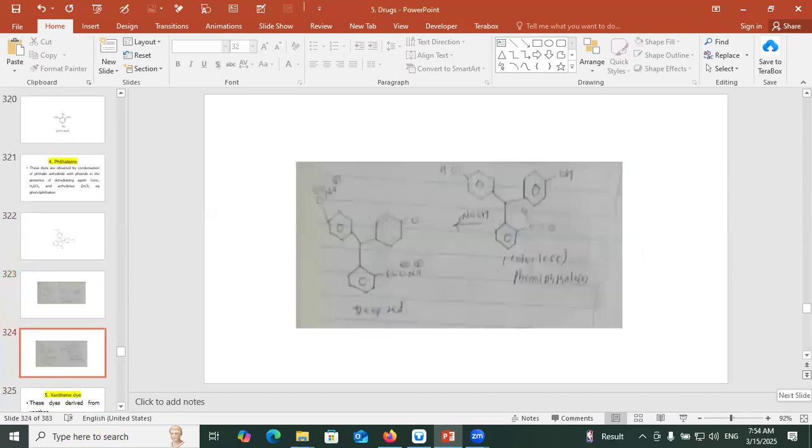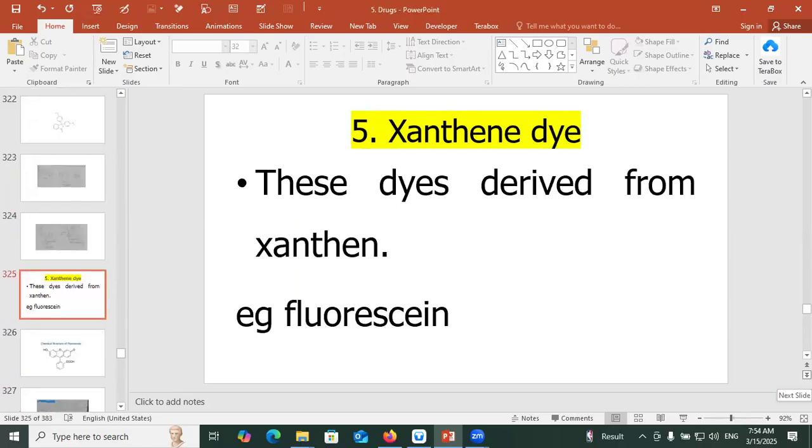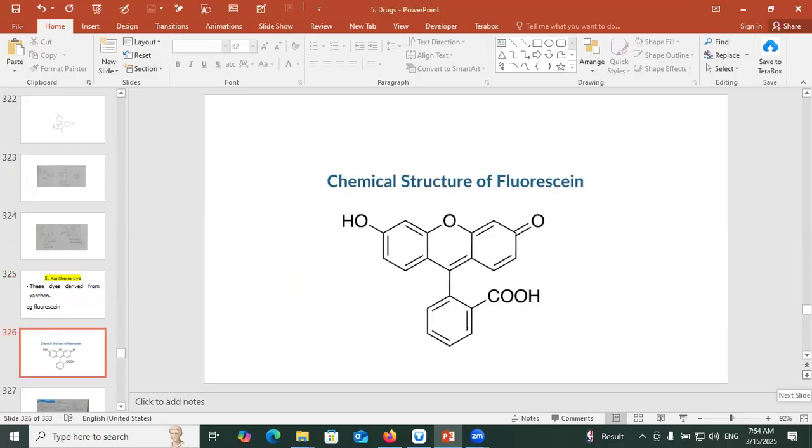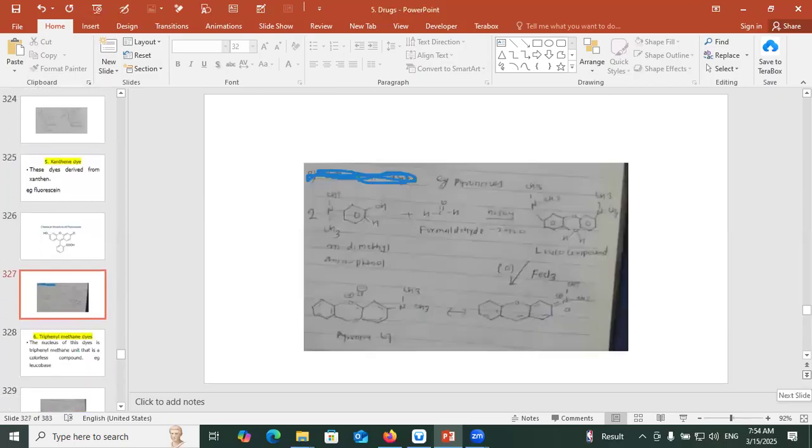Xanthene dyes are derived from xanthene, example fluorescein, formed from dimethylaminophenol and formaldehyde in the presence of sulfuric acid, leuco compound, FeCl3 oxidation, pyronine G.